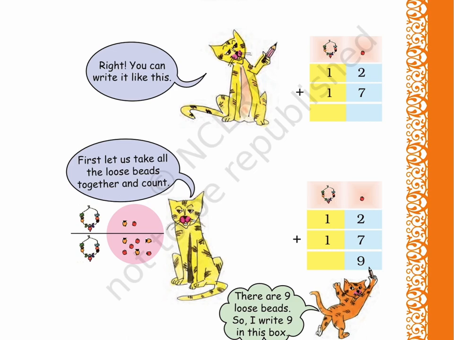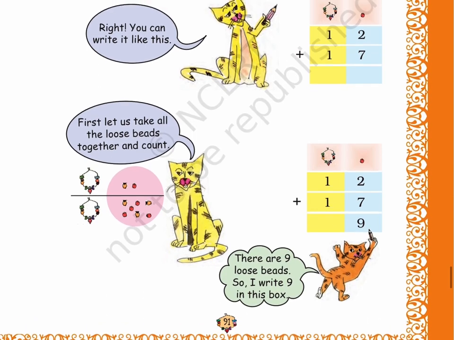Picture 3 shows Cat 2 sitting near the picture showing beads of Razia, one necklace of 10 beads and 2 loose beads, and Rima, one necklace of 10 beads and 7 loose beads. Cat 2 is saying, first, let's take all the loose beads together and count.